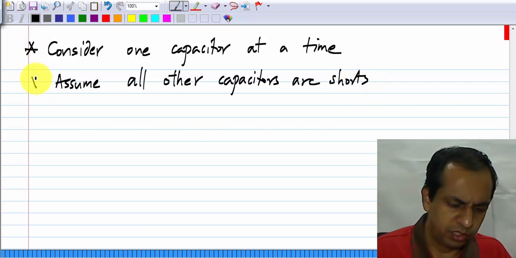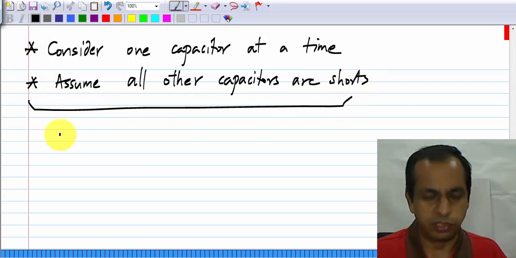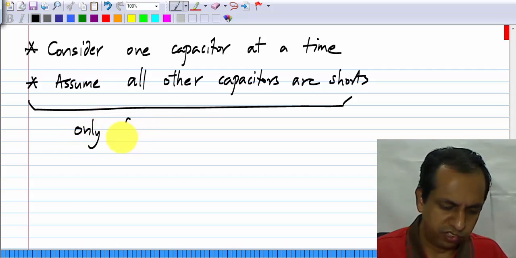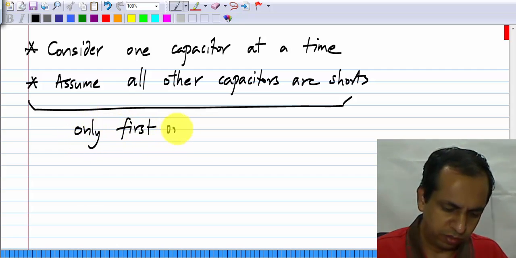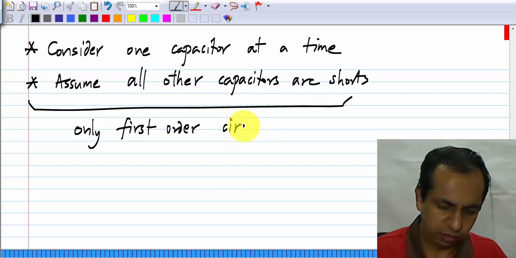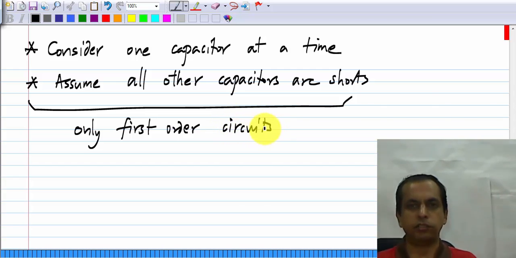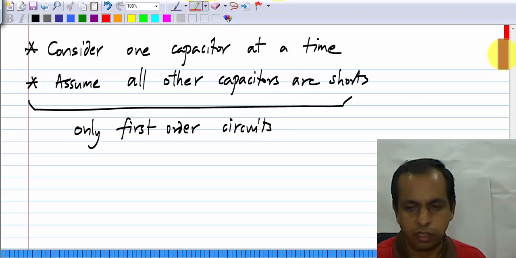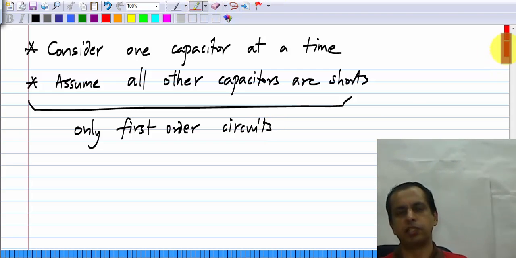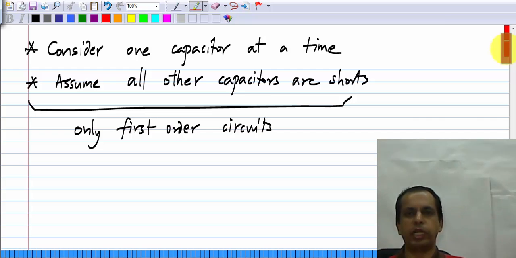This way, you will only have to consider first order circuits. And each of these is only going to give an inequality. It says that capacitor has to be much larger than something. So, you make it 10 or 20 times larger than that and everything will be fine.